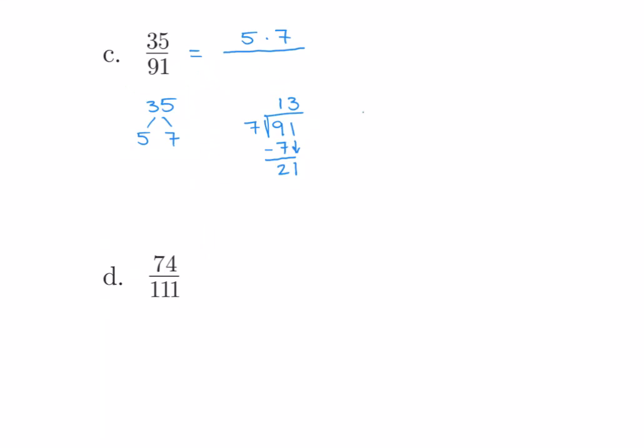So 91 is actually equal to 7 times 13. So I can cancel common factors. And we can go ahead and write what's left over. We get 5 over 13.